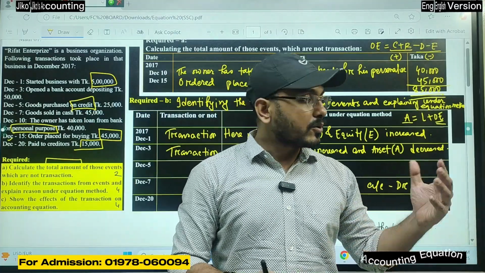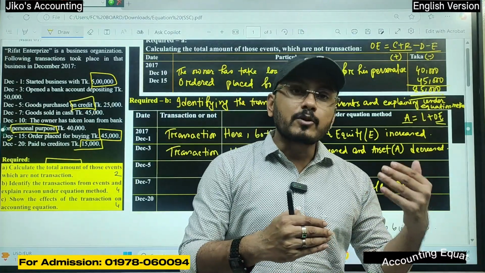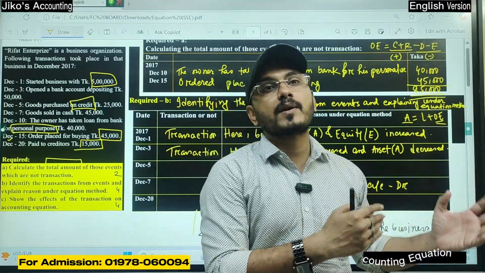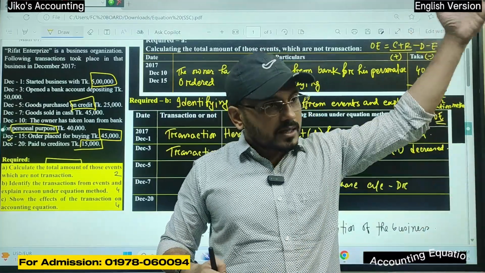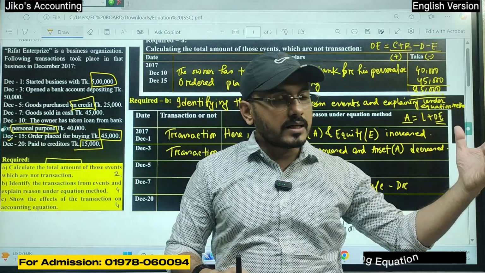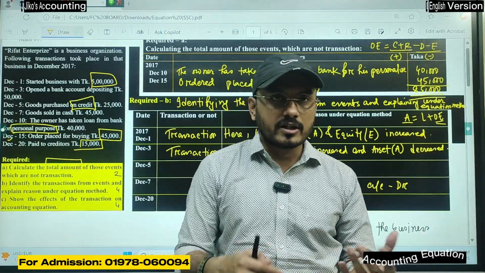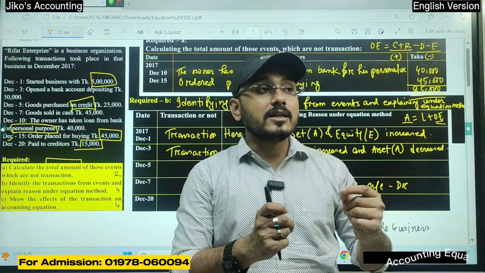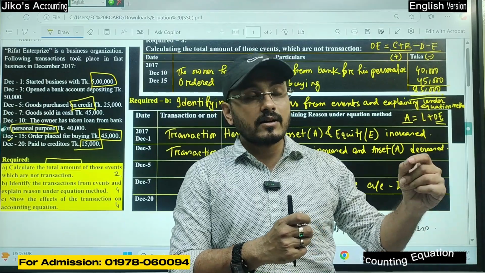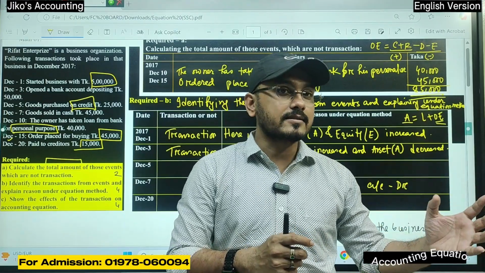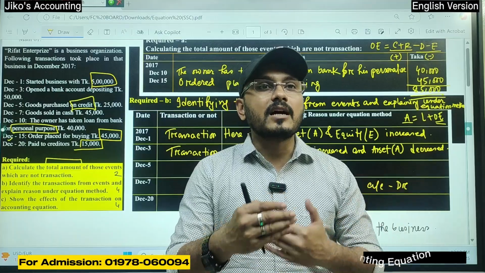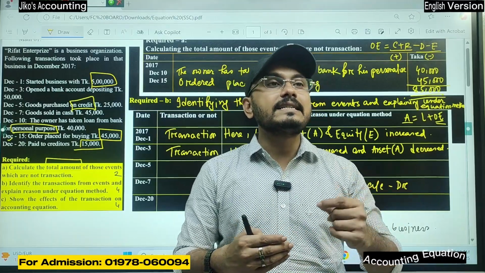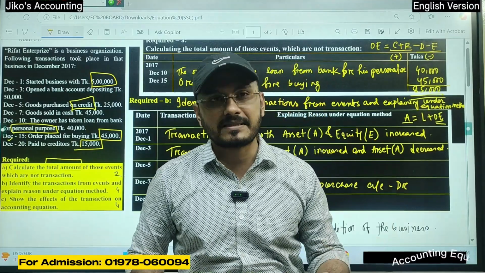The more goods you purchase from the suppliers or your business partners or from wherever, that always indicates the reduction of the cash, if it is a cash transaction. On the other hand, the more you purchase goods, it indicates the increment of the expenses.